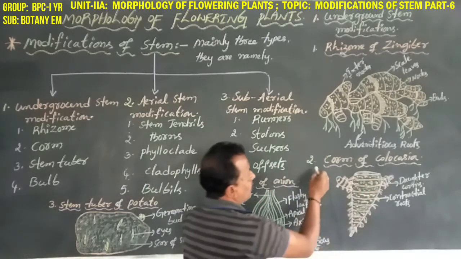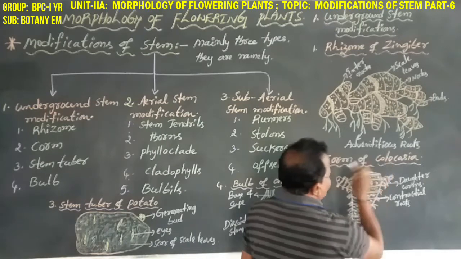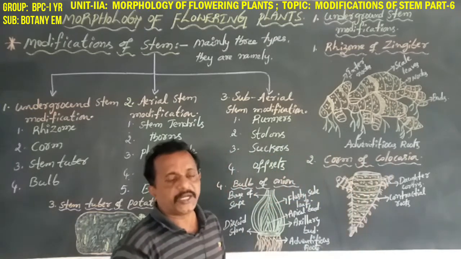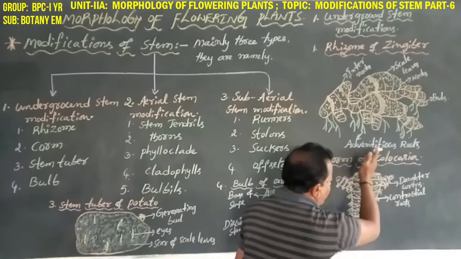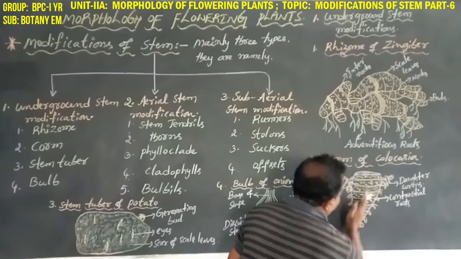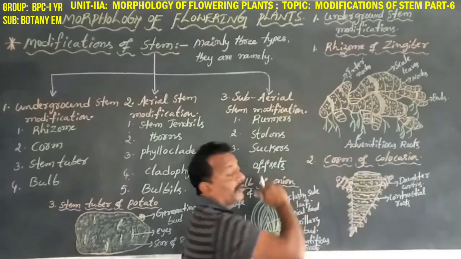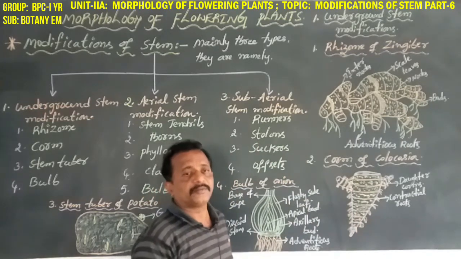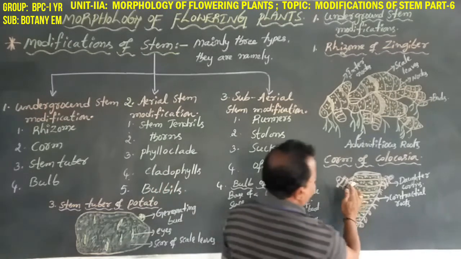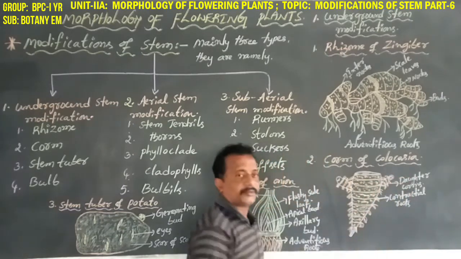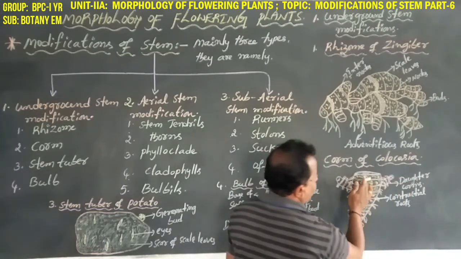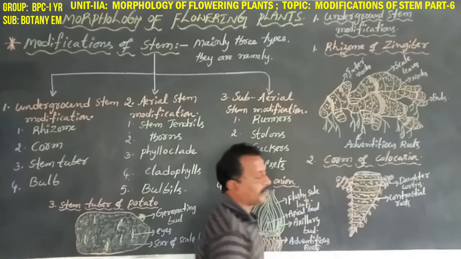Once again, the corm, the best example is Colocasia. This is an underground stem and its growth is always vertical in the soil. It is unbranched, but here these two are daughter corms, and it contains nodes and internodes.